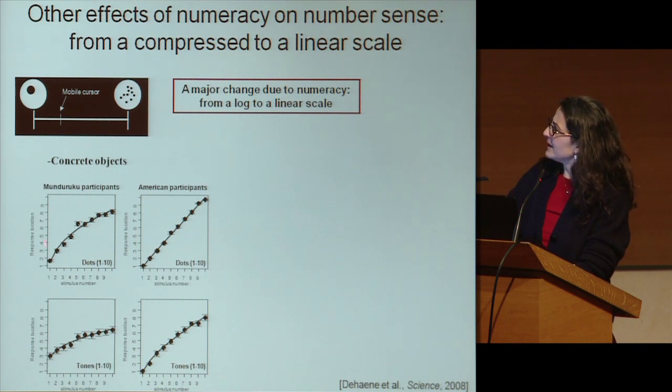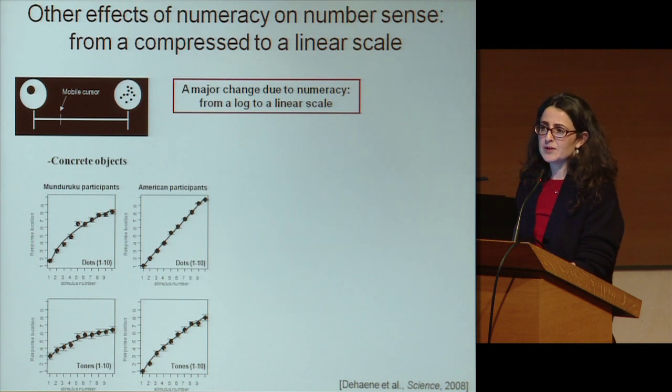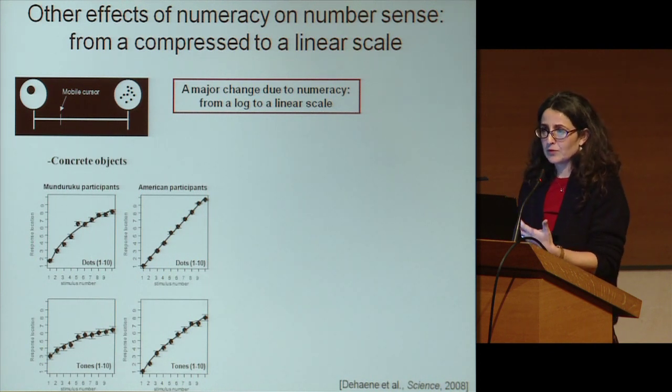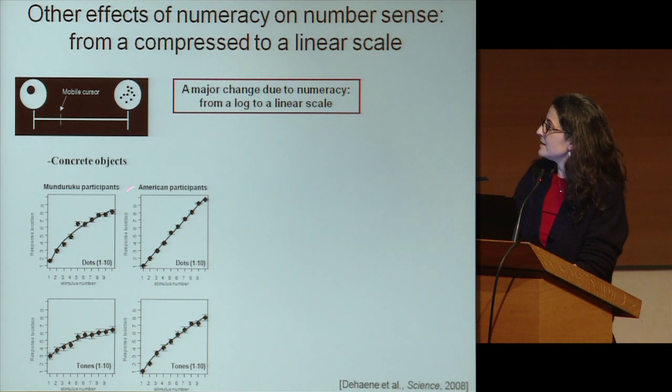You can see that the mapping from the Munduruku participants, who don't know how to count and how to use symbols for numbers, is logarithmic, while in American participants it is linear.